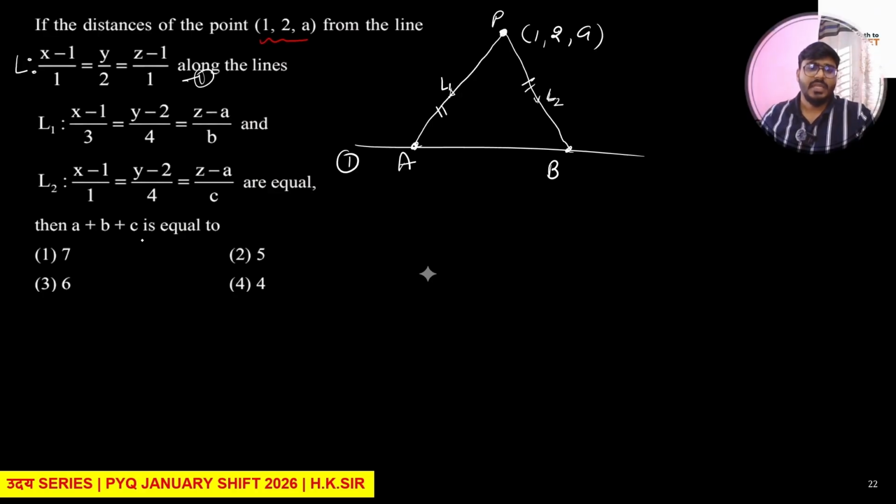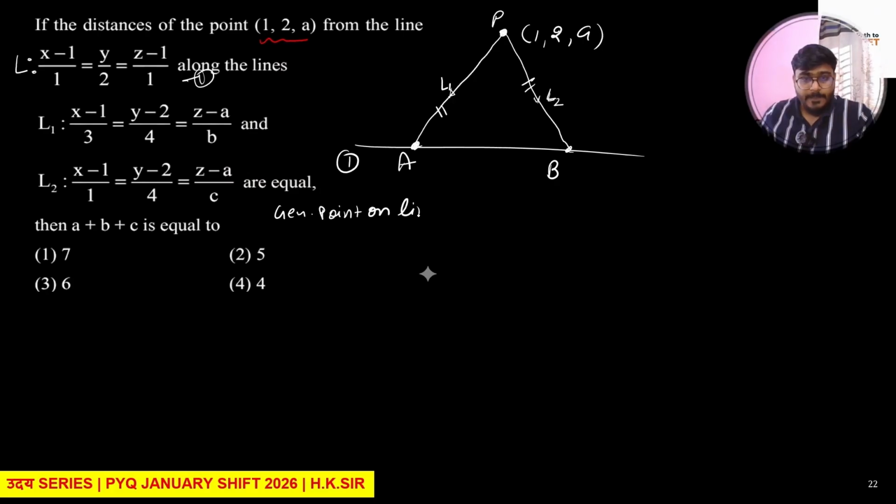Then a + b + c they are asking. So to find a + b + c, we can do one thing: we can find the point A now. How to find point A? We can take the general point on line L1. So A is a general point on line L1.